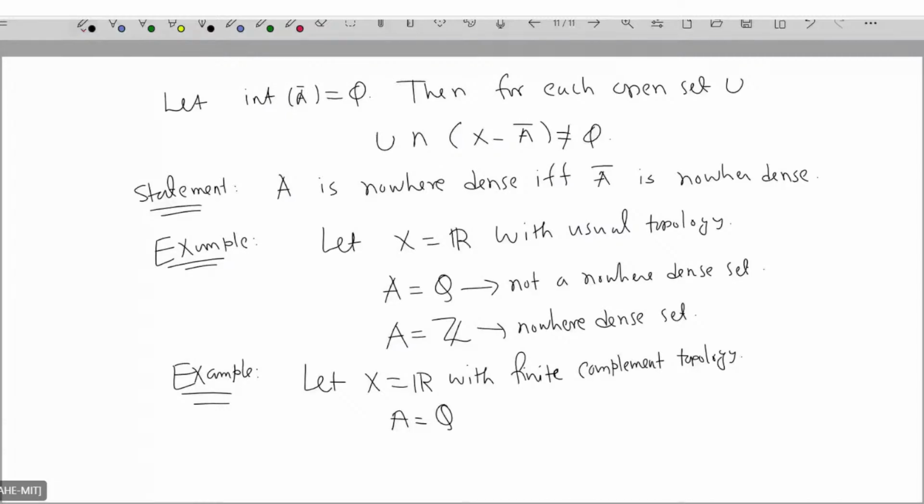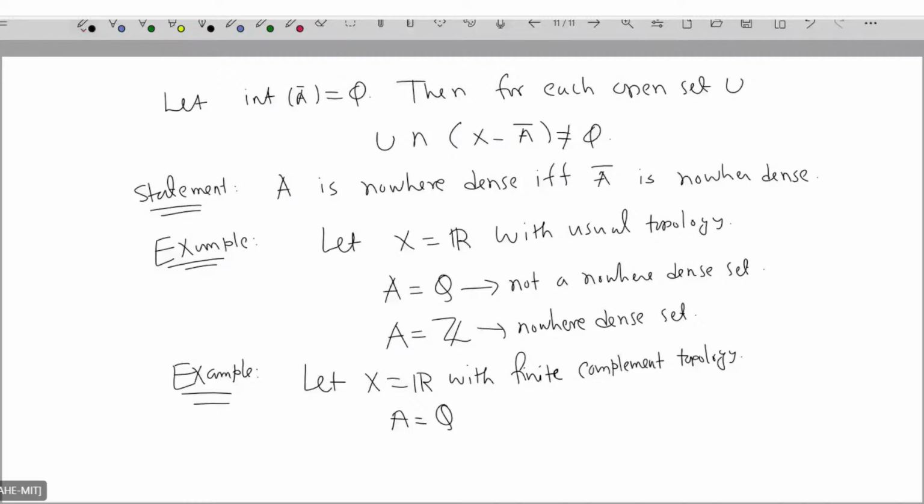Closed sets are the finite sets themselves, and obviously the whole of R is also a possibility, and by definition the empty set should be there. If you have R, then the empty set comes, because the complement of R is the empty set.